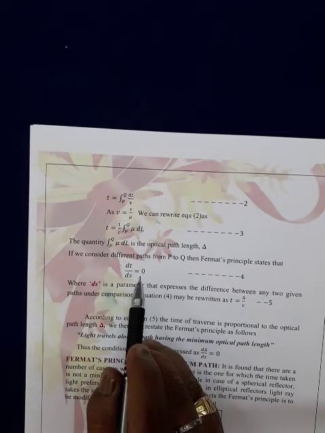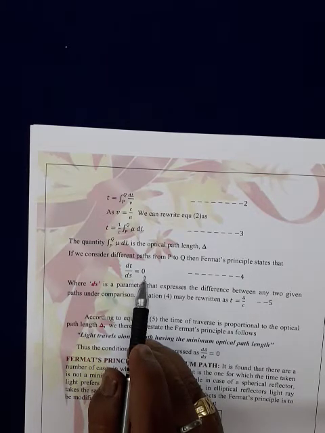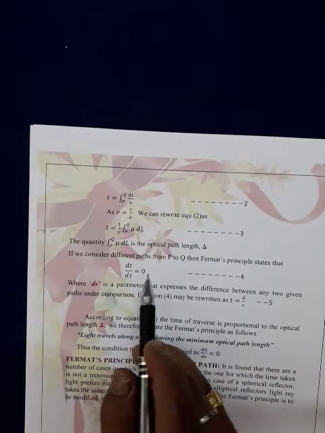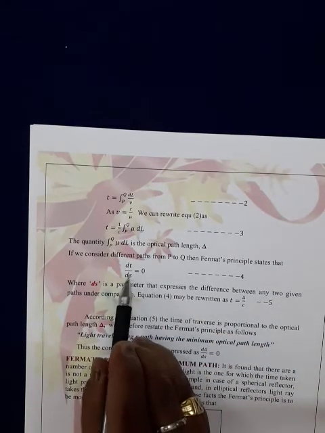Fermat's principle is the principle of shortest or least path, which is replaced with the principle of least time, that is dt by ds equal to 0, where ds is the parameter that expresses the difference between any two given paths under comparison.